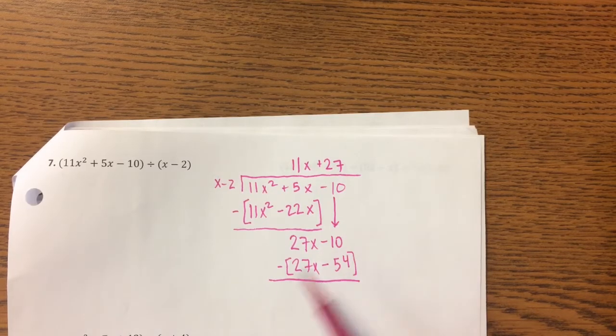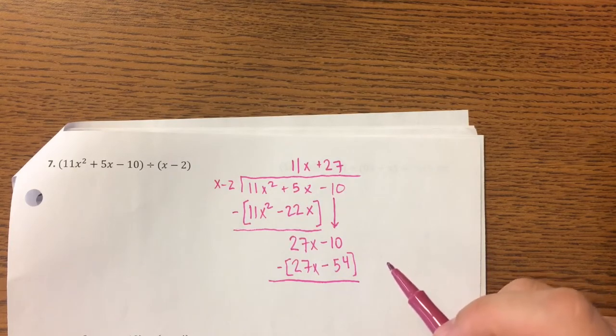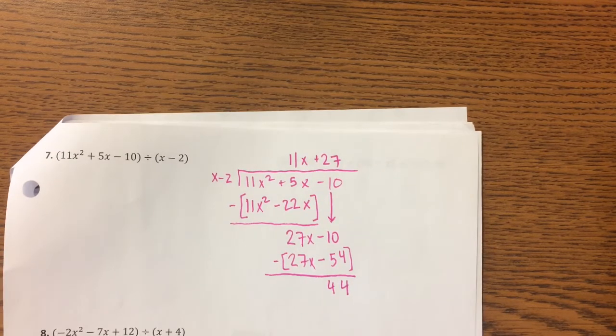So what's negative 10 minus negative 54? It's not negative 64. Use a calculator, y'all. Come on. Negative 10 minus negative 54. It's going to be what? Positive 44. Use a calculator if you're not getting that right, and just type it in.